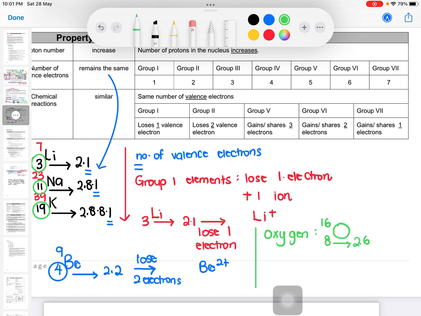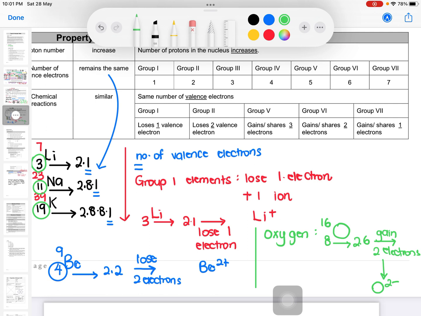For 2.6, it will tend to gain electrons. Gain how many electrons? Gain 2 electrons. When it gains 2 electrons, what charge will it form? It will form O2 minus. This is related to the content and concepts that you have learned under the topic of atomic structure and bonding.